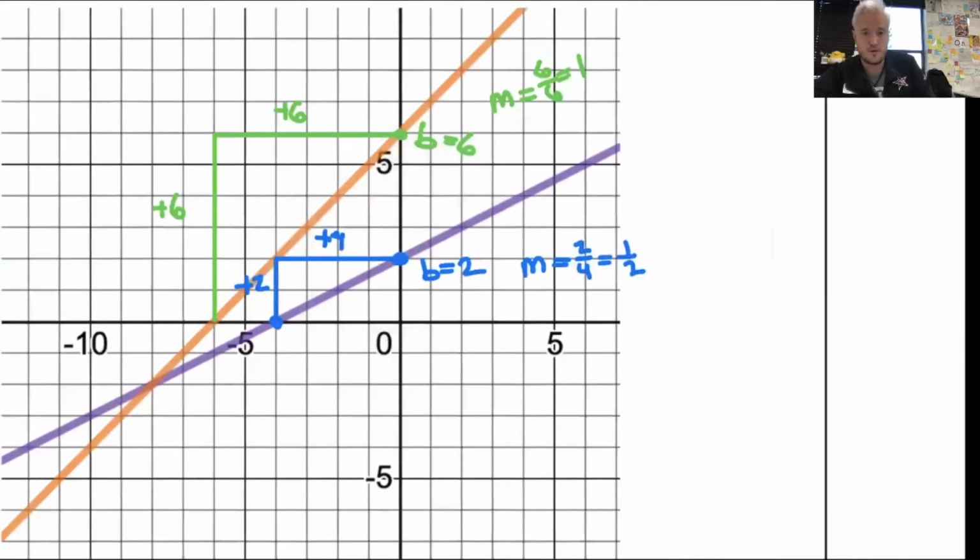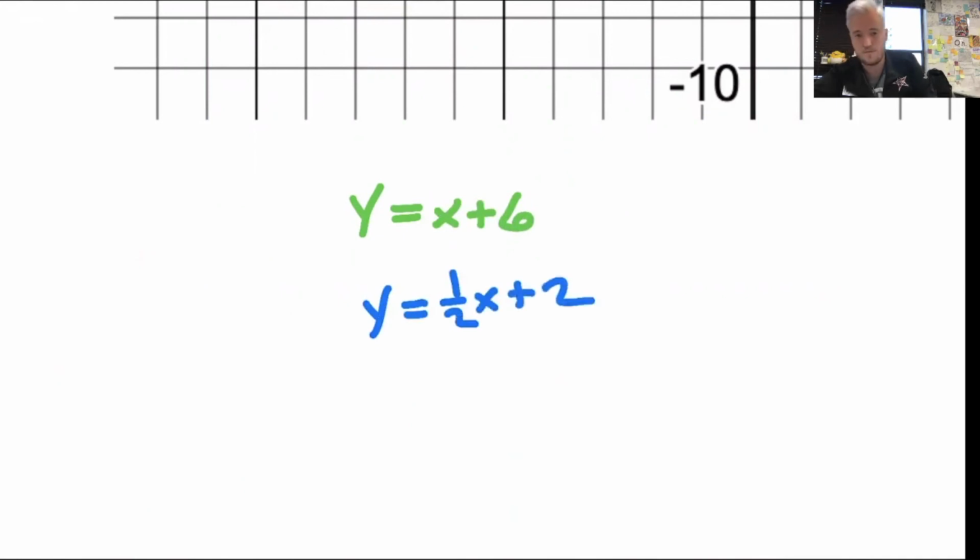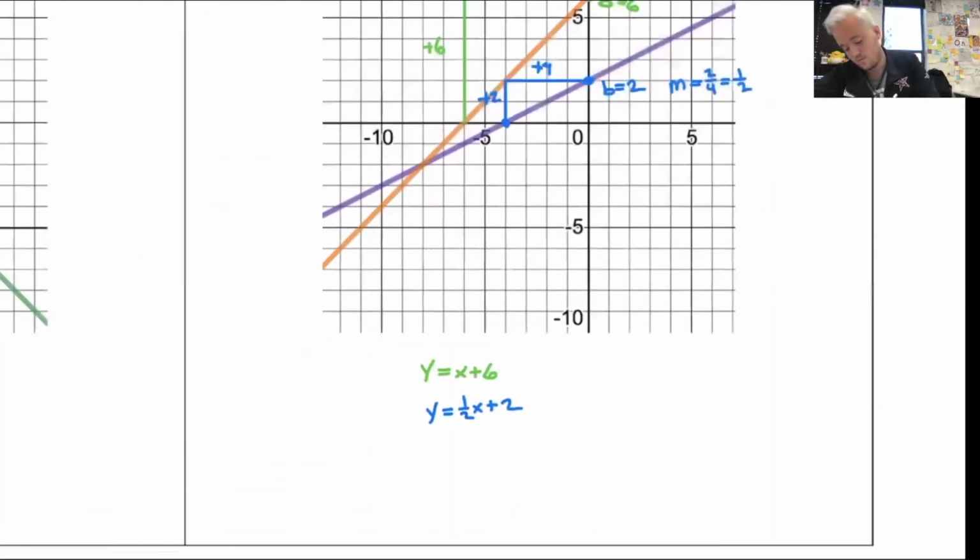So my first equation is y equals x plus 6. Then my second equation, y equals 1/2 x plus 2. So that is my system.